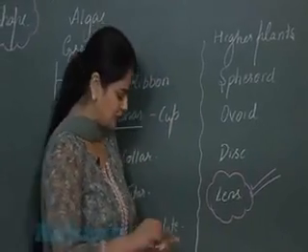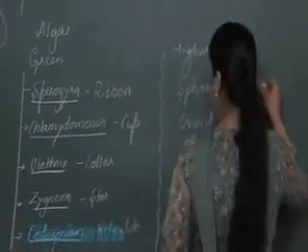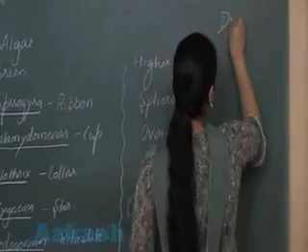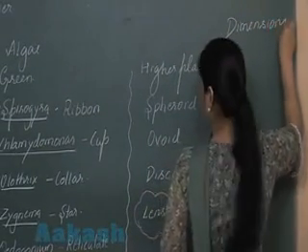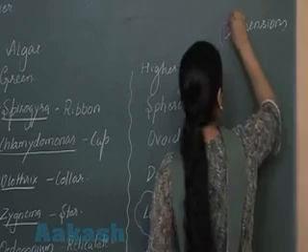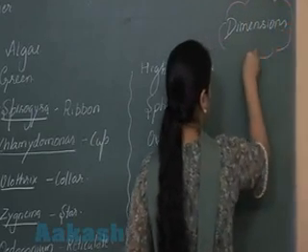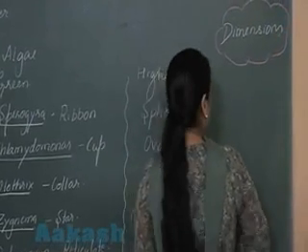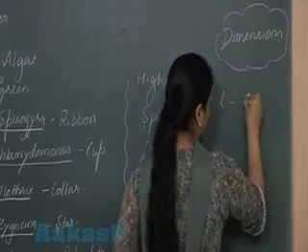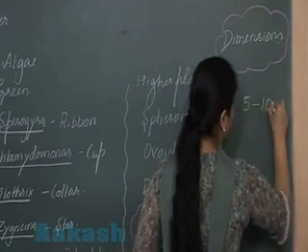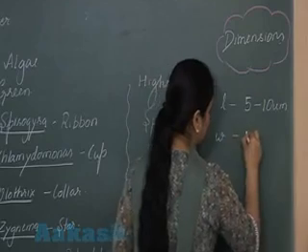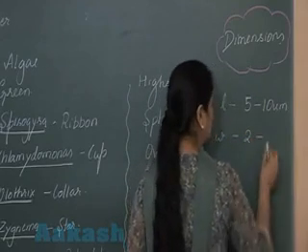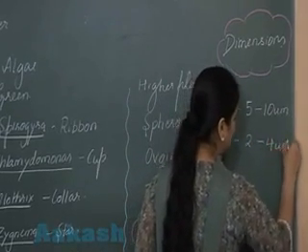Now, after the shape, let's see what the dimensions of the chloroplast are. The length of chloroplast is 5 to 10 micrometer and the width of chloroplast is 2 to 4 micrometer.